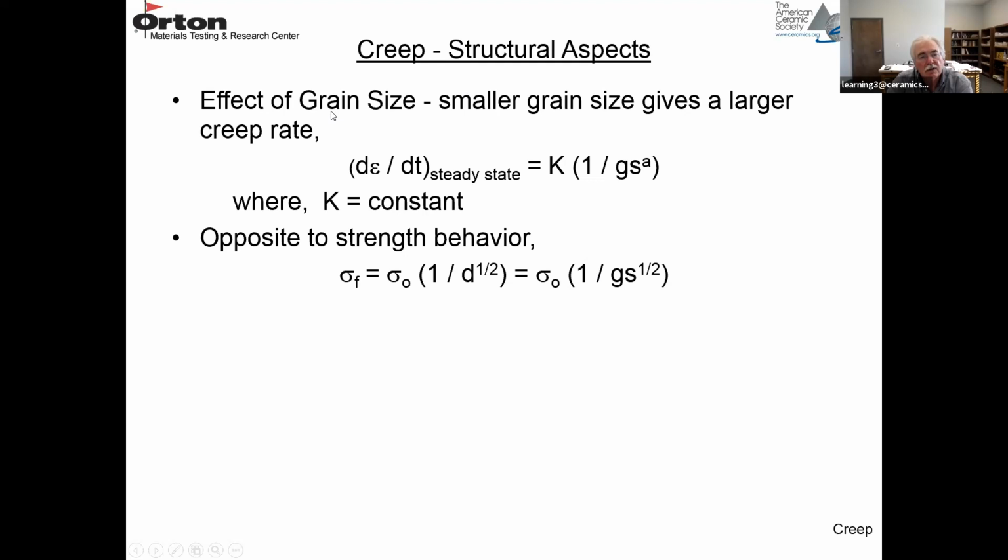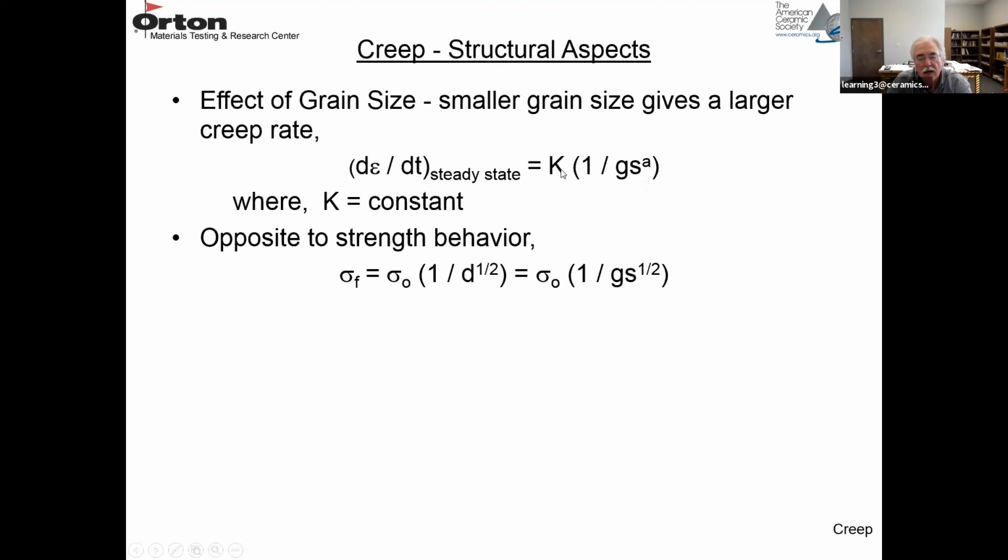So how does the grain size affect creep? Well, it turns out a smaller grain size gives a larger creep rate. If we look at our creep equation and hold the stress constant and the temperature constant, we end up with the strain rate, d epsilon dt, equal to a constant K times 1 over the grain size to the grain size exponent a.